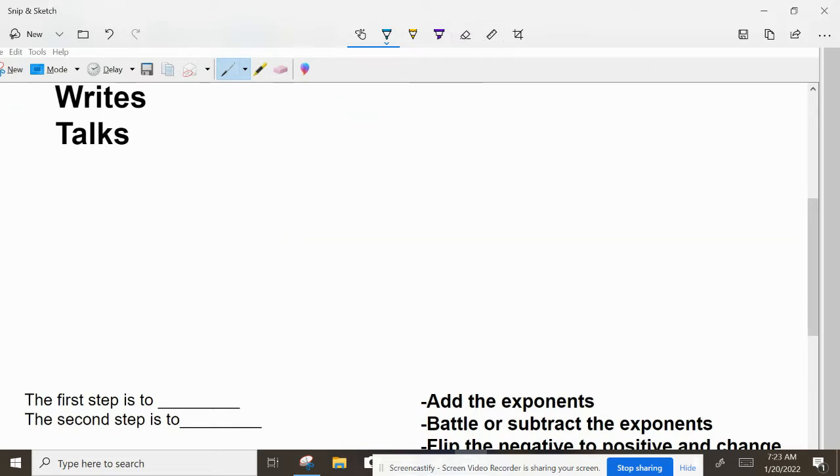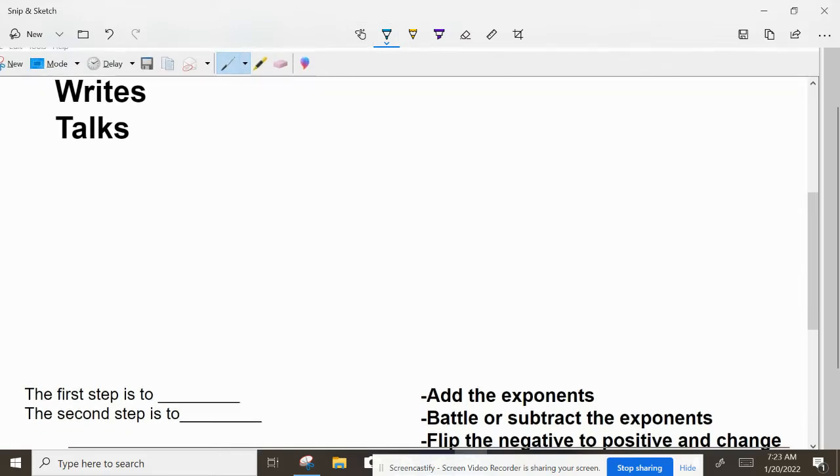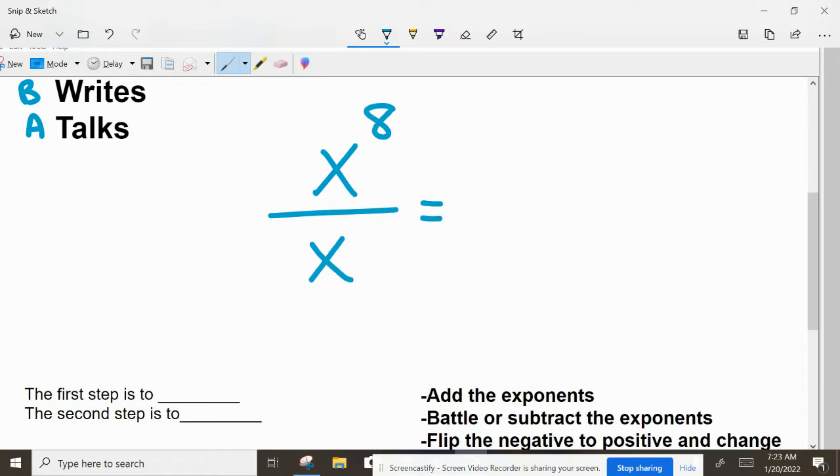Switch roles, switch boards. Let me try to fix my, there we go, just a little bit, there we go. Then, all right, so now B's writing, A's talking. Similar kind of problem, all right? Let's go. All right, maybe 10 seconds, go.